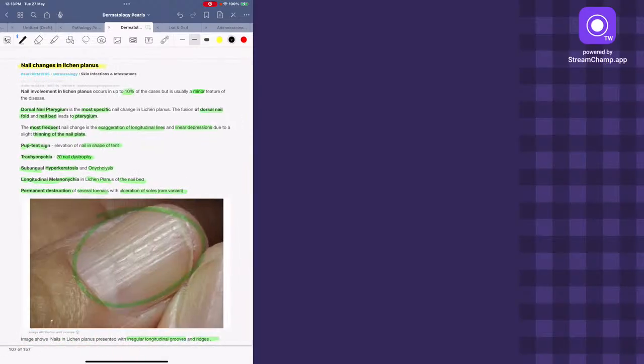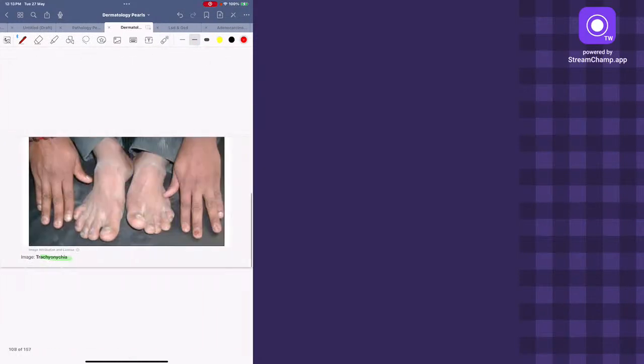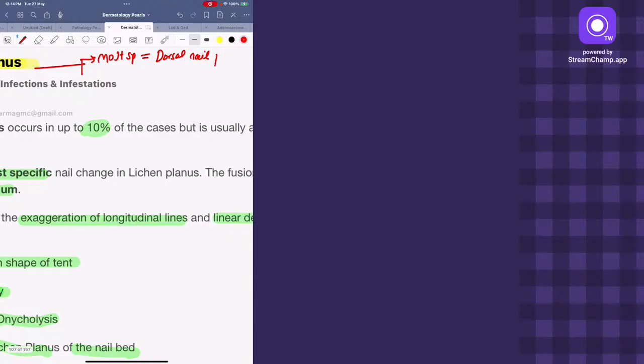In lichen planus, dorsal nail pterygium is most specific and thinning and longitudinal lines is most frequent. They can ask you most specific and most frequent. If they ask most specific in lichen planus, that is dorsal nail pterygium. If they ask most frequent, that is longitudinal lines due to thinning of the nail plate.